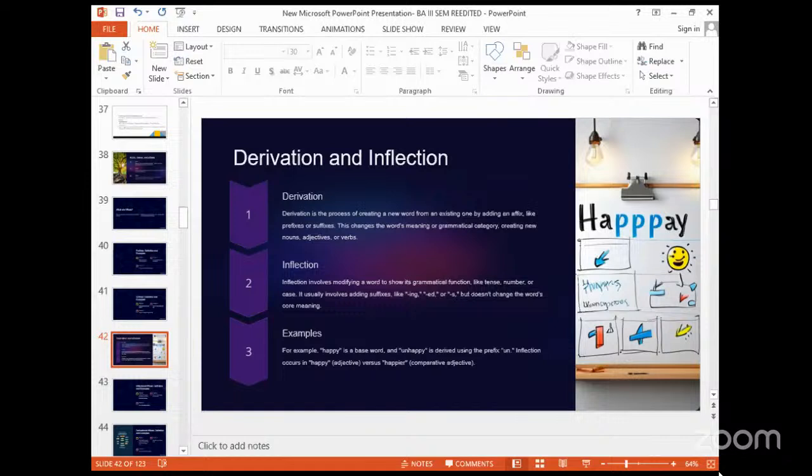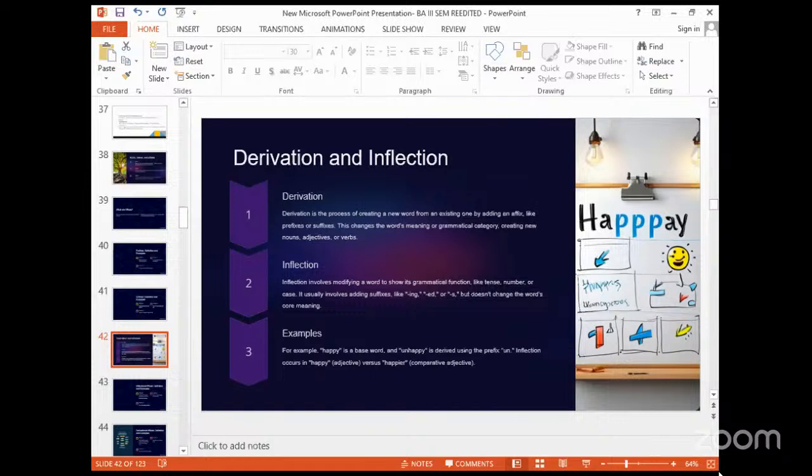That means a kind of morpheme is added and there are some changes occurring. When you talk about derivation and inflection, what are the changes, and which affixes change the meaning or the class of the word? That is what we are going to look into.